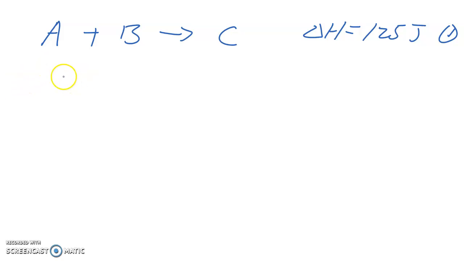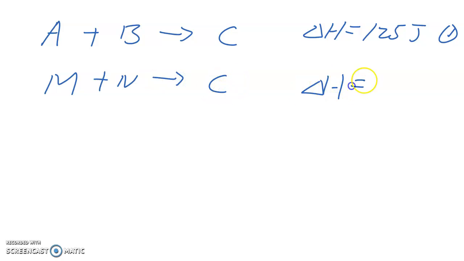All right, let's put it this way. M plus N can also give me C. Okay, so delta H is equal to, for example, 15 joules. This is my equation 2. Okay, so what happened is I would like to know the enthalpy of this reaction.